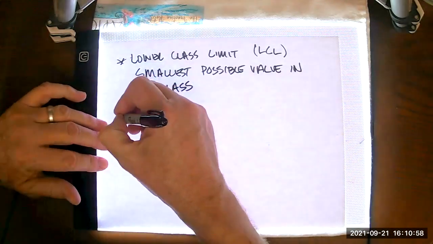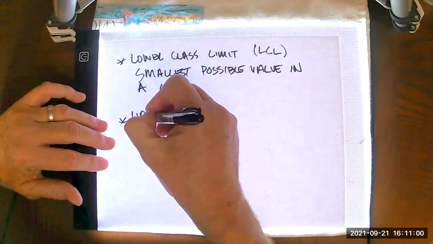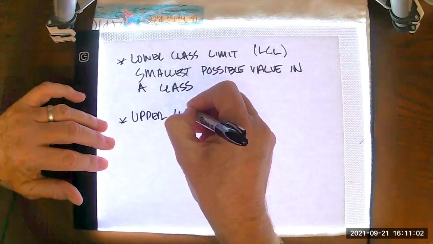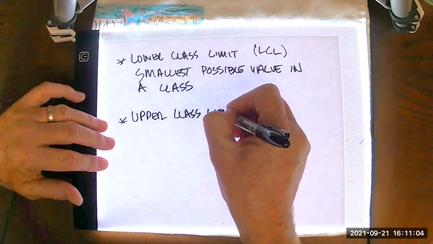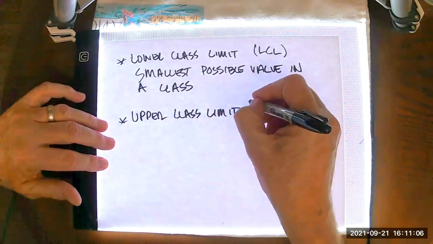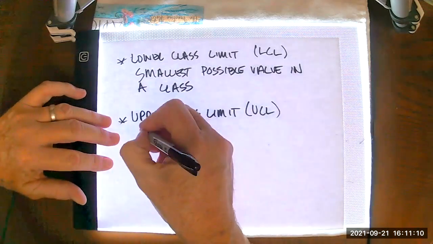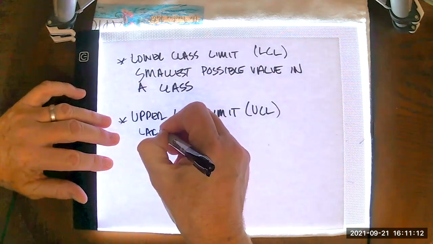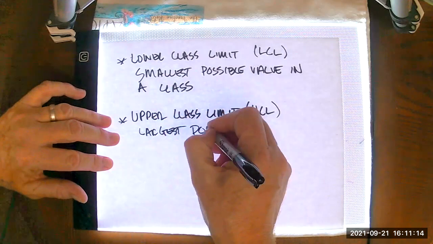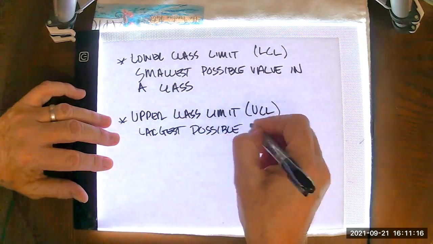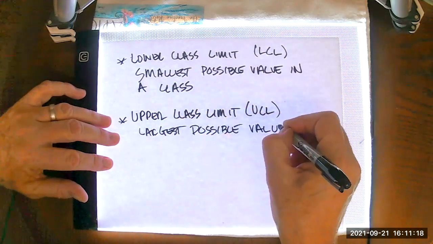The lower class limit has a friend. That's the upper class limit. And that, as you might expect, is the largest possible value in a class.